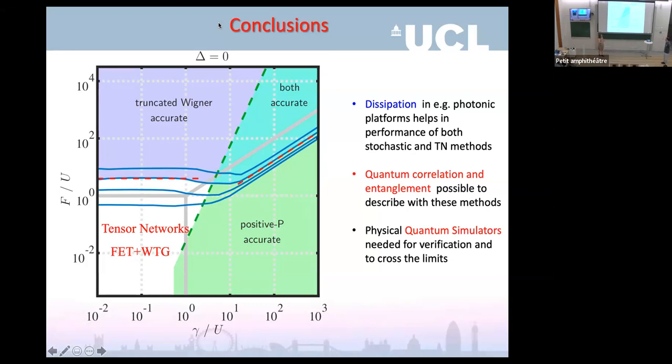Here you can put in memory via colored noise. You can derive it easily. We haven't done any numerics with colored noise. I don't know whether Michiel, you did any work with colored noise in truncated Wigner, but it's possible to put it in. Okay, thank you very much, Michiel.